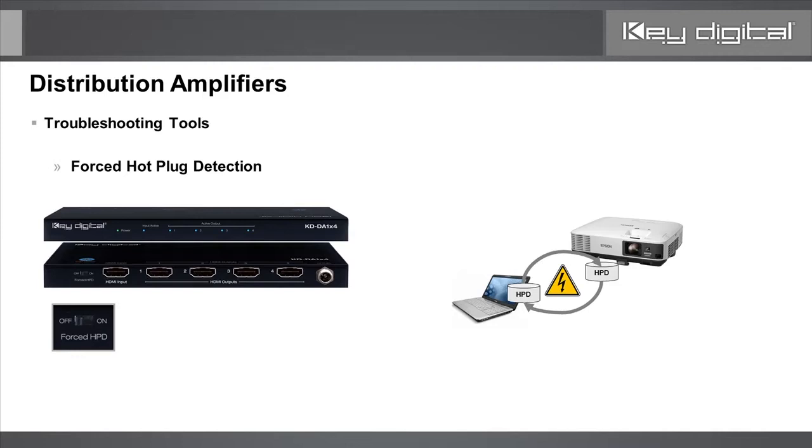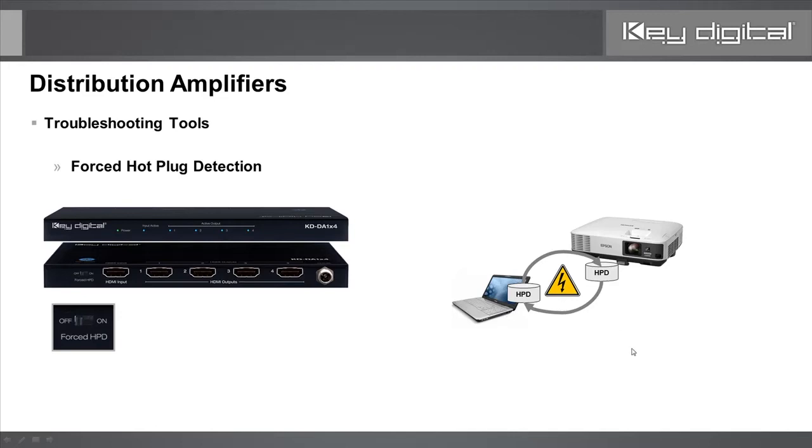Forced hot plug detection is managed through the front toggle switch here that we see. And hot plug detection is quite easy. In a direct one-to-one, point-to-point scenario, the source may be on, the laptop may be on, but without the projector powered up in this case, it's not going to be outputting over that HDMI. Now, it seems simple in a one-to-one scenario.